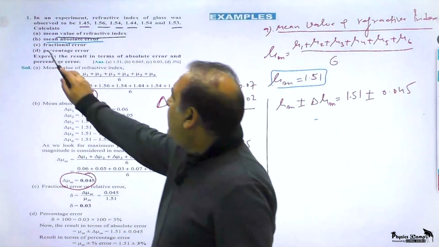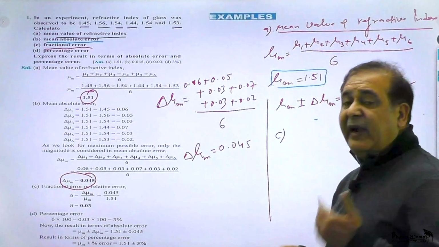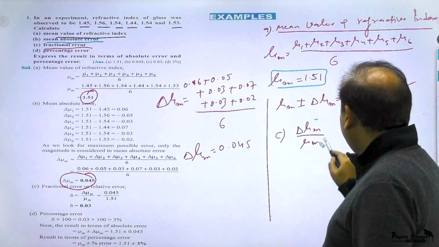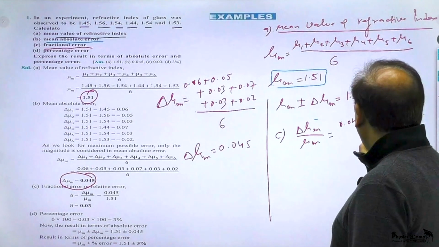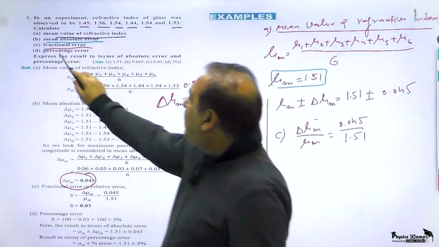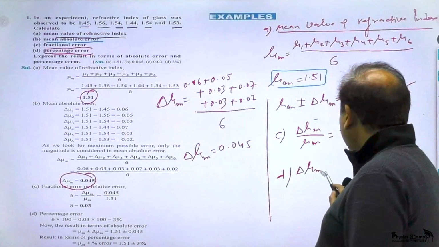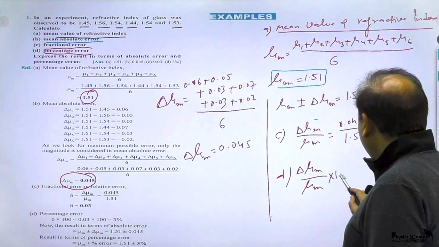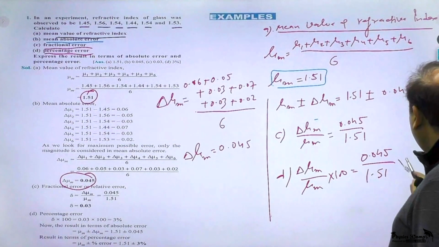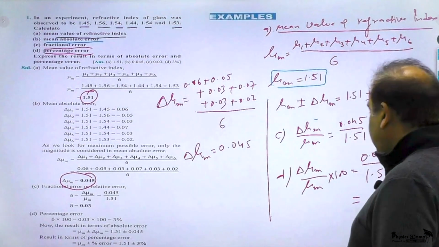Then fractional error. If in part C we want fractional error or relative error, it will be delta mu_m by mu_m, 0.045 divided by 1.51. Then percentage error: delta mu_m divided by mu_m into 100. It is 0.045 divided by 1.51 into 100, and that comes out to be 3%.